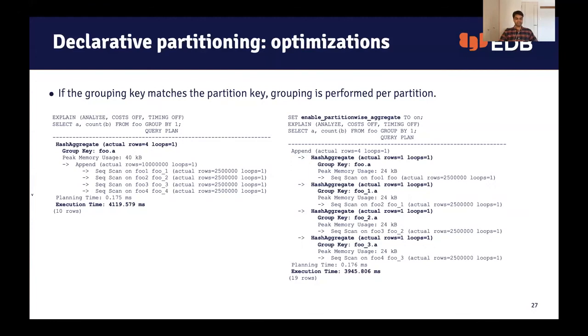And just like partition-wise joins, making a partition-wise aggregation plan is also CPU and memory intensive, so it is disabled by default. Again, if you find that it's producing better plans, you might want to turn it on.